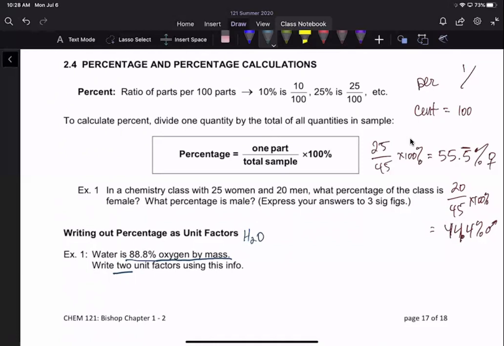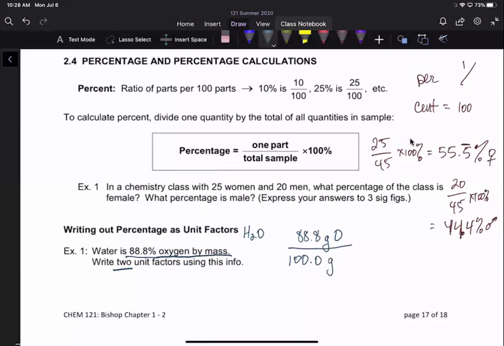So I'm going to start by writing the grams. This is by mass, so we'll do grams per grams. That means we have 88.8 grams of oxygen for every 100, and the sig figs have to match, 100 grams of water. So that is how we will write that percentage as a unit factor.